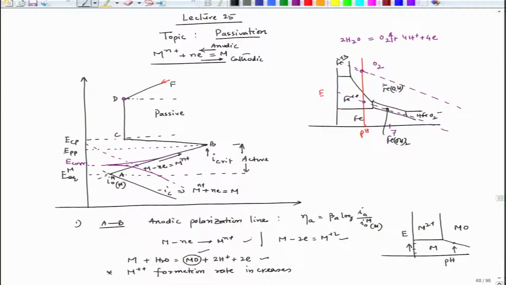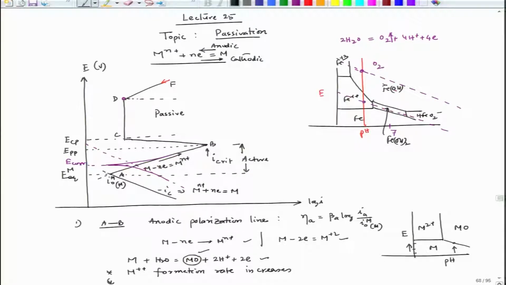So, as we go to the positive side, metal ion concentration has to increase, and since we are considering the plot between log I and E, the I indicates the rate of the process. So, the rate of metal ion formation increases.